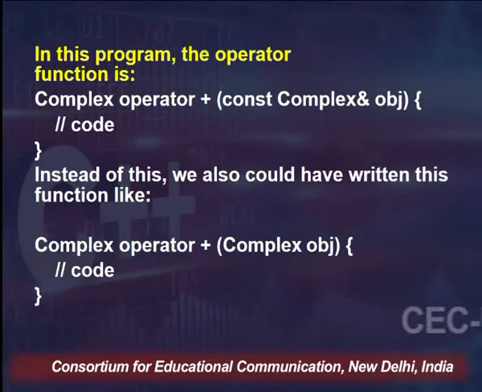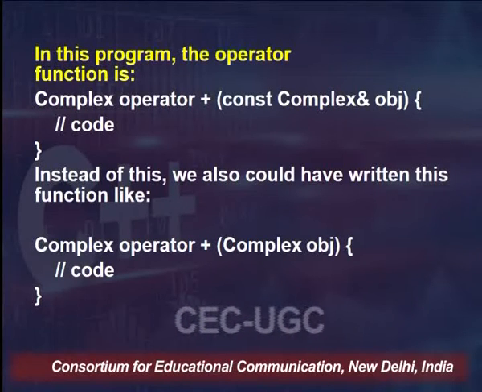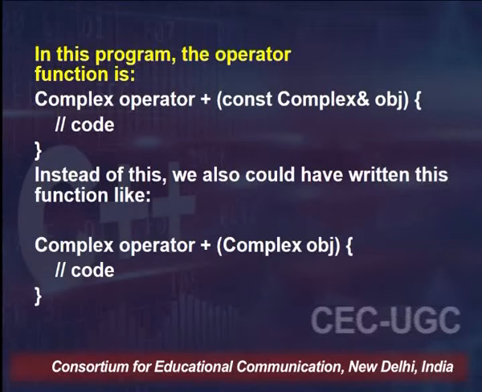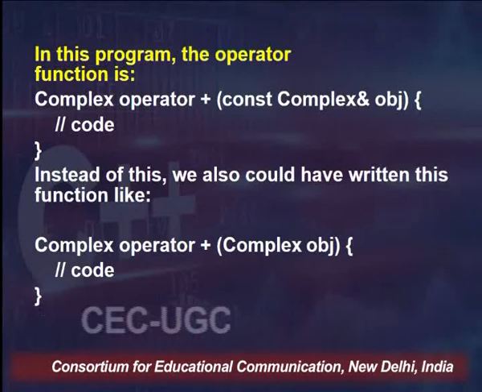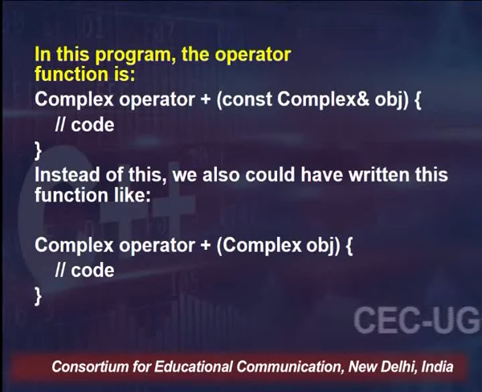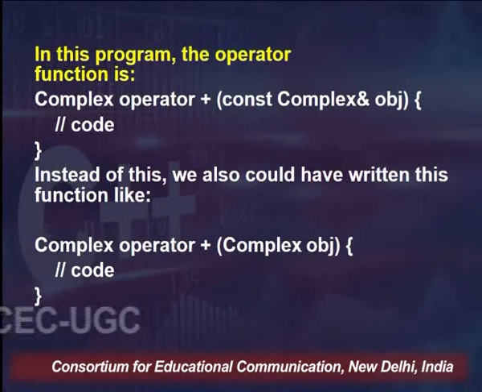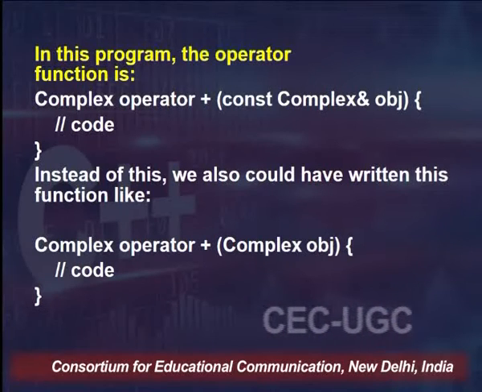Instead of using const and ampersand, we could have simply written it as a complex object. For example, the code would have been complex operator plus, and within the brackets, complex obj. So, we have removed the ampersand and also the const from within the brackets. This can be written like this as well.